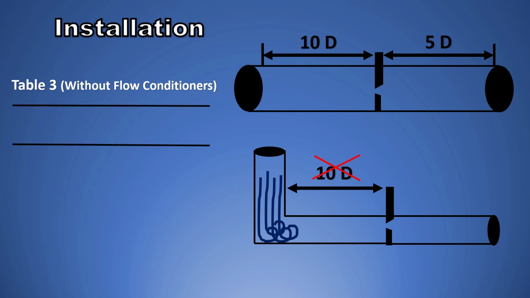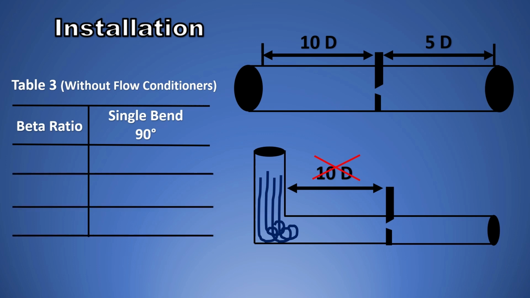Now the point is, how do you read the table? This table has a lot of values, so let us try to take a small example of the table. On the left-hand side you have the beta ratio, and on the right-hand side you have various conditions, for example, single bend elbow, double elbows, elbows in the same plane, different planes, gate valve open, closed, etc. And in the beta ratio section on the left, you will have all the various values like 0.2, 0.4, 0.6, 0.8, and so on.